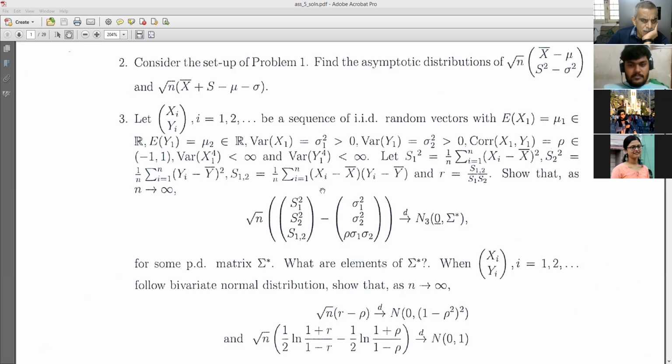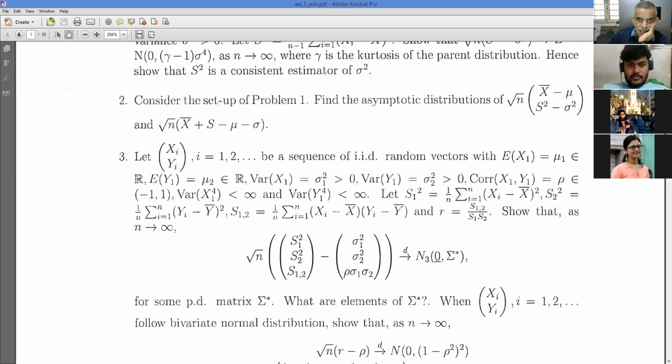So it looks like first I should apply the central limit theorem only with means, with mu1 over here and mu2 over here. And then I should convert this quantity into (Xi minus mu1) whole squared, as we did in problem number 1, right?